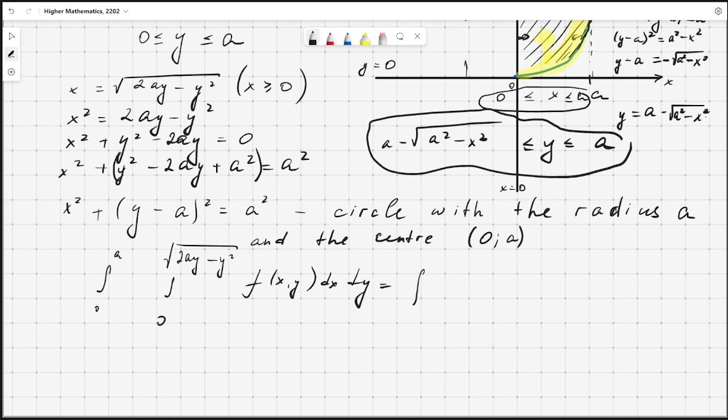will be equal to integral from 0 to a. It is changing of x. It is dx of integral from this expression, a minus square root of a squared minus x squared, to a, of f of x, y, dy.